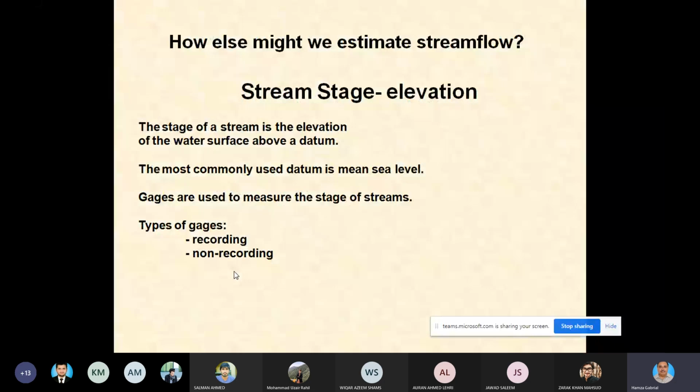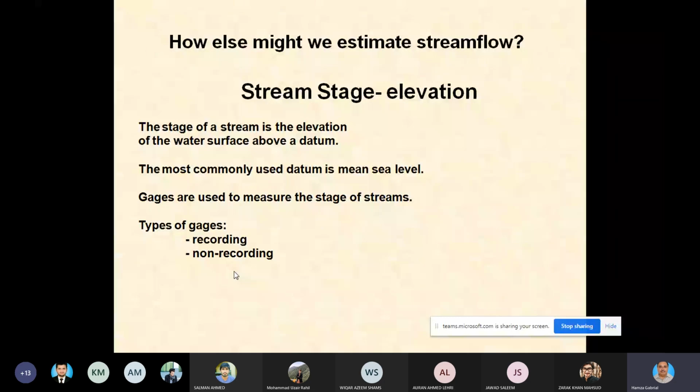We have seen two methods where we determine the velocity. For velocity, we can use a current meter, or a float, and besides these we can use the dilution technique. So besides these methods, what other methods can we use? Already we have studied the relationship between stage and discharge, that is known as the rating curve.